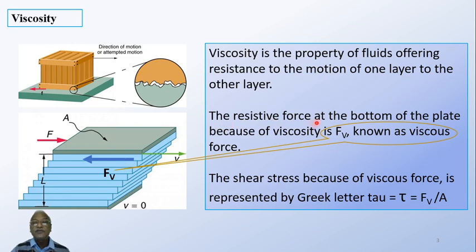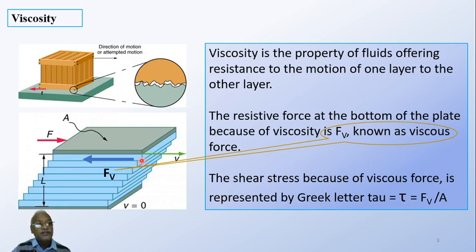So the resistive force at the bottom of the plate because of viscosity is Fv, force because of viscosity, known as viscous force. Now the shear stress because of viscous force is represented by the Greek letter tau.